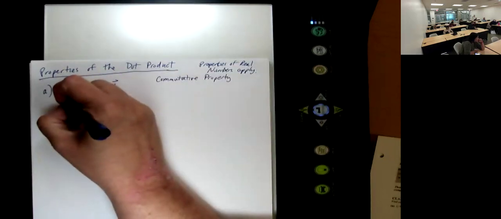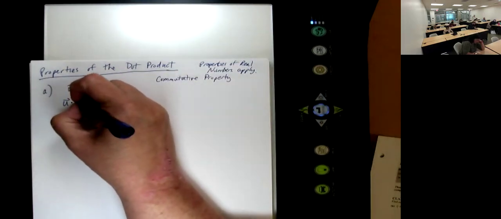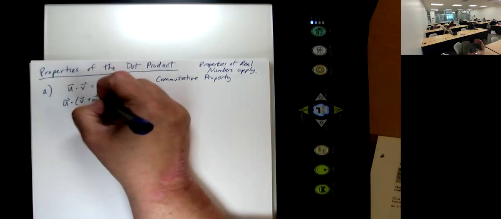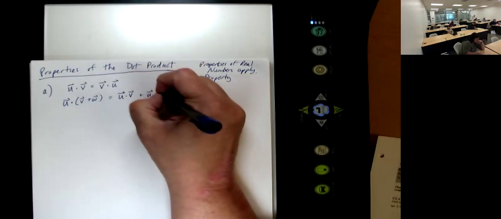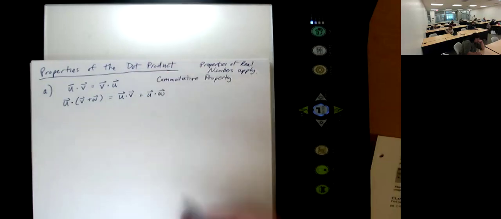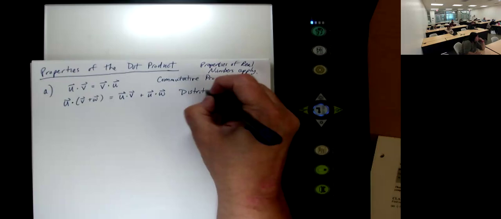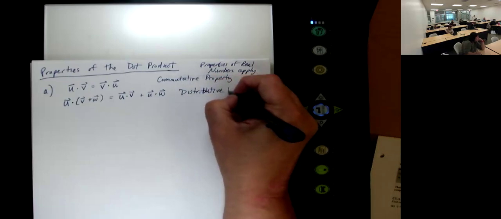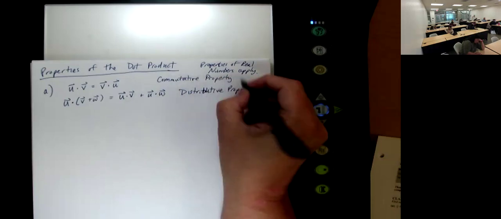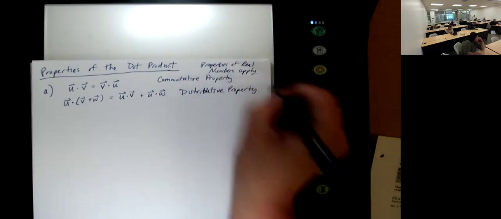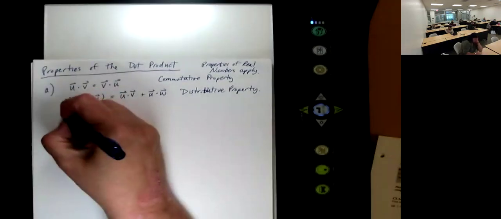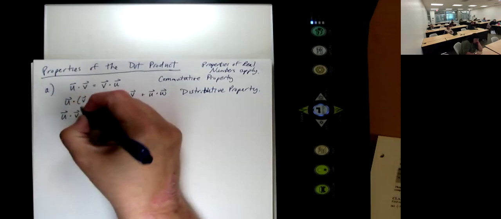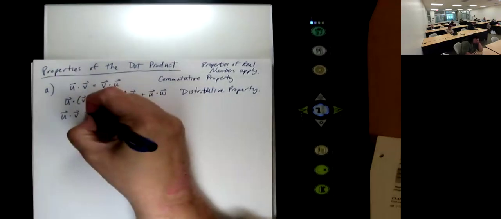The distributive property is u dotted with v plus w is the same thing as u dotted with v plus u dotted with w. That's the distributive property. The associative property has it set up like this.